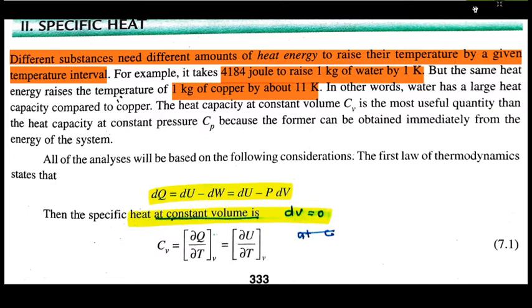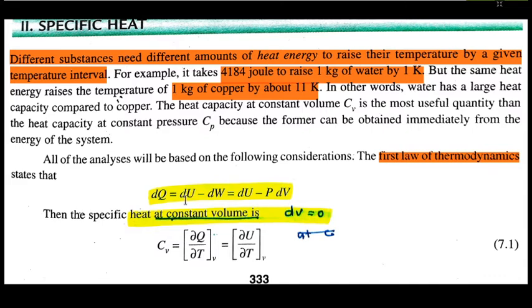So let us have a look at what exactly the specific heat is and how it can be measured for any particular material. According to the first law of thermodynamics, it is represented by dq is equal to du minus dw.